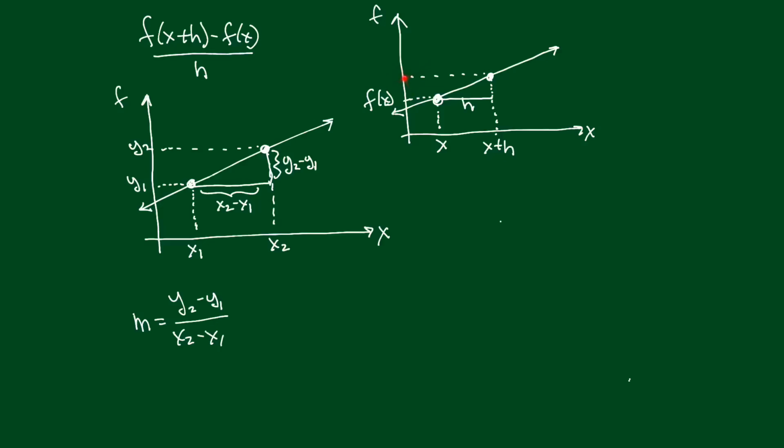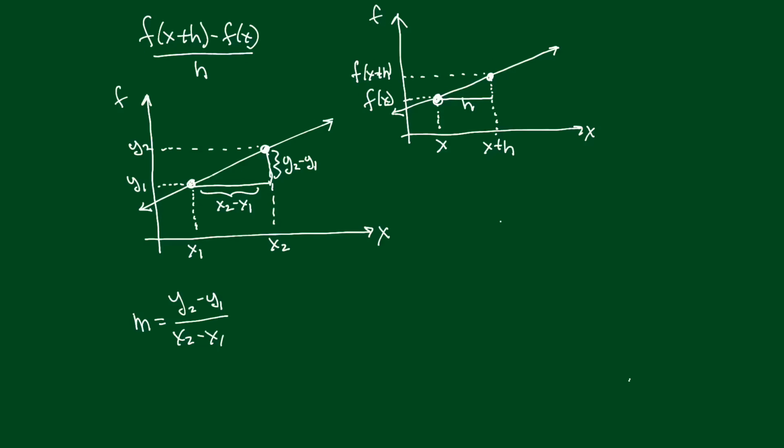So the y2, the second y, is going to be put in this x plus h and then compute with f. So it's going to be f of x plus h, right? These values on that axis are found by computing the function at these x values. So that x value gives me f of x. This x value I would put into f, and I get f of x plus h.